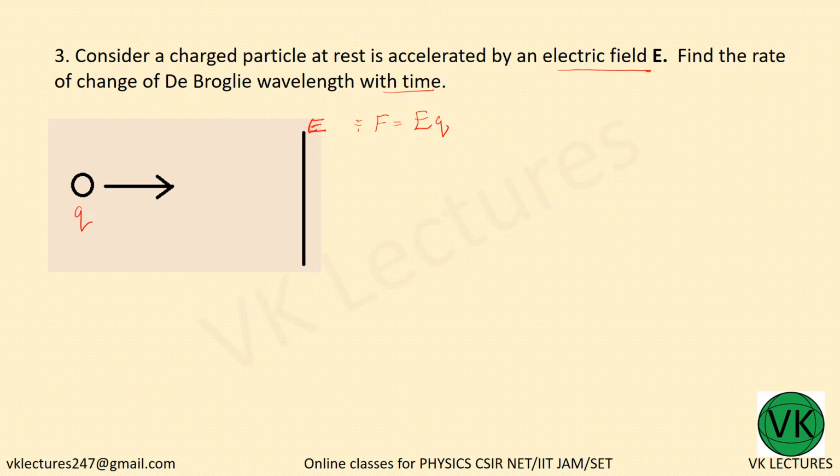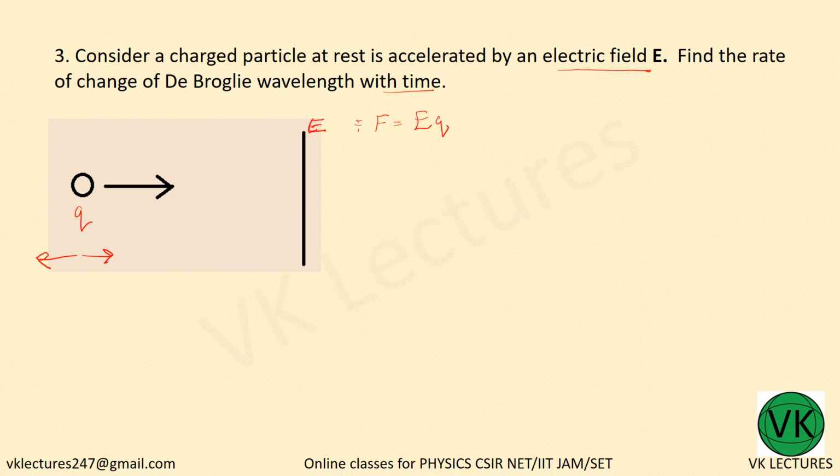Now this particle is at rest right now. So when there is an electric field applied, this charged particle Q will be moving towards it or away, depending on the charge of the particle.